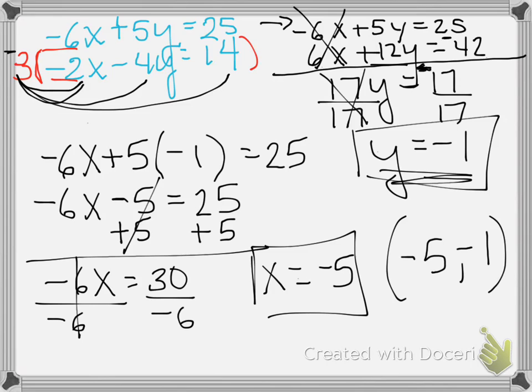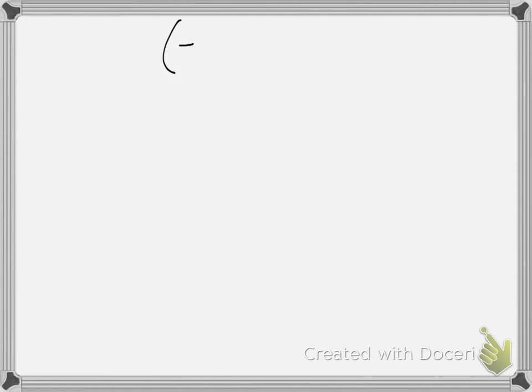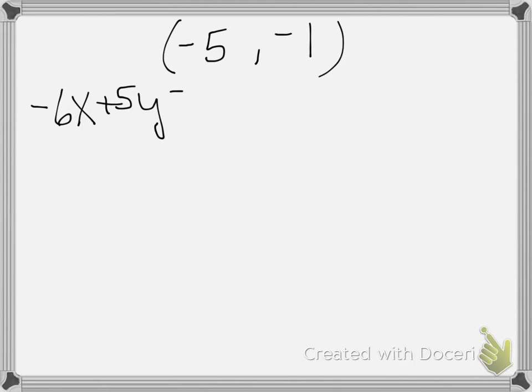So what do we have to do? We have to check it. So negative 5 comma negative 1. And we've got to go back to our original equation and substitute. So the first equation was negative 6x plus 5y equals 25. I'm going to substitute the values now for x and for y.